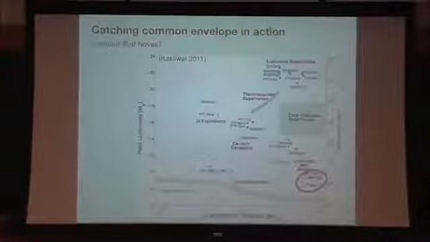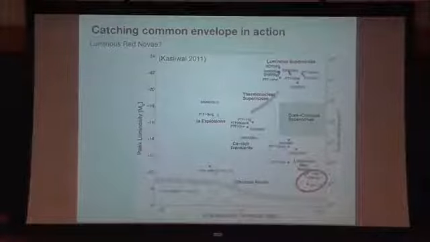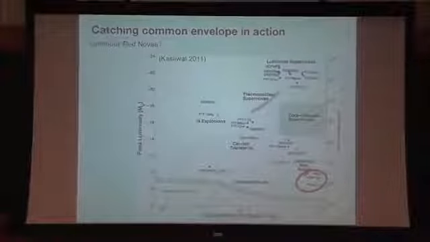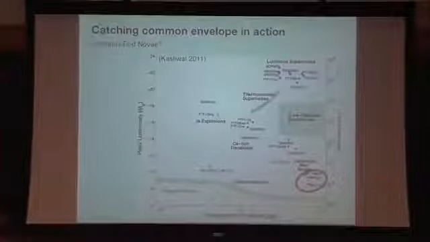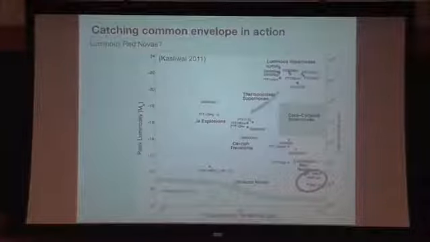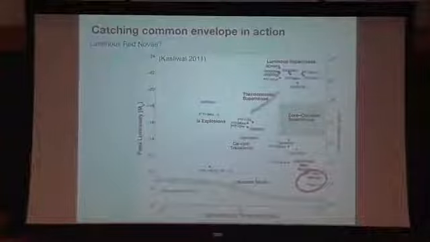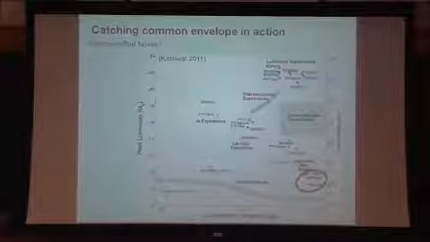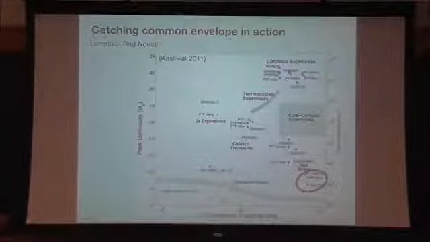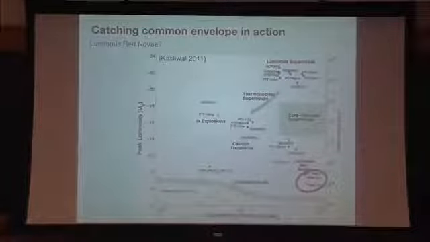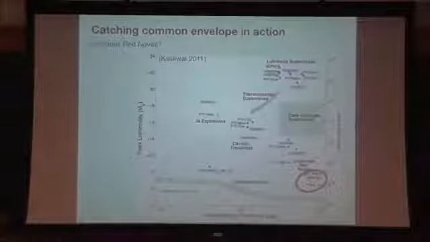They're redder in color, and so they ended up luminous red novae. But I think we're now learning that many of them are actually stellar mergers. And so we have these one or two really conclusive events, and then the rest are spectroscopically and photometrically inferred to be that same class of transients.